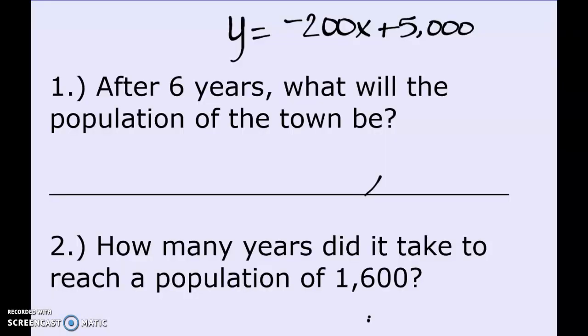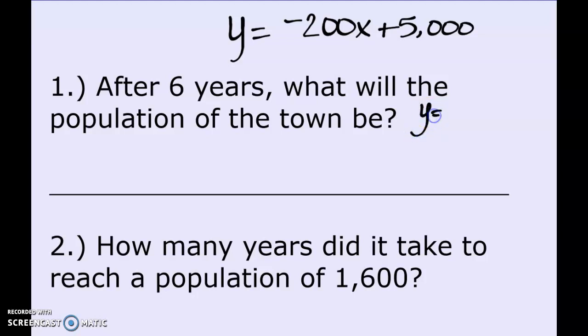Now that I have my equation, let's say this equation represents a trend line. So now it says after 6 years, what will the population of the town be? So we know that years represents the x value, so the x variable. So we will substitute 6 where we see x.